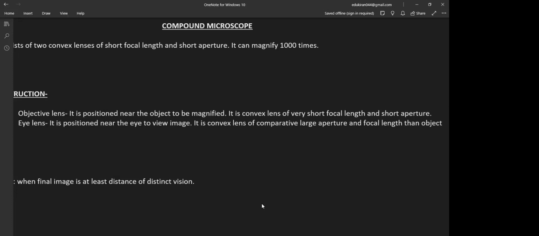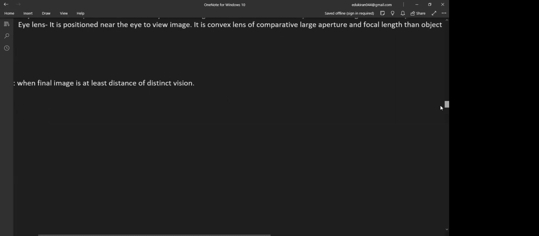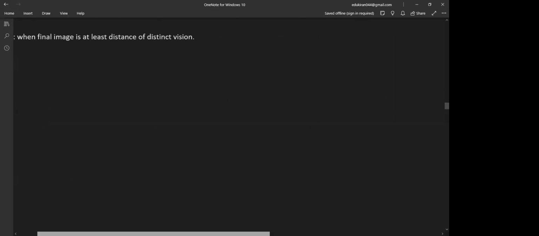Convex lens of very short focal length and short aperture. So two lenses, one is objective lens. Second, you have eye lens, which is positioned near the eye to view image. It is convex lens of comparatively large aperture and focal length than objective. Fine. So image I'll not draw because it is very vast and it will take a lot of time.